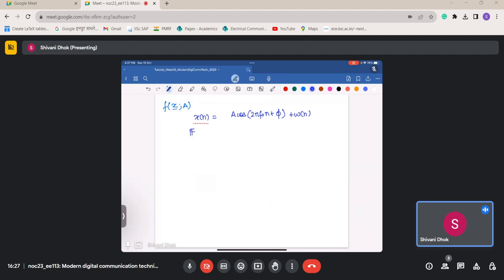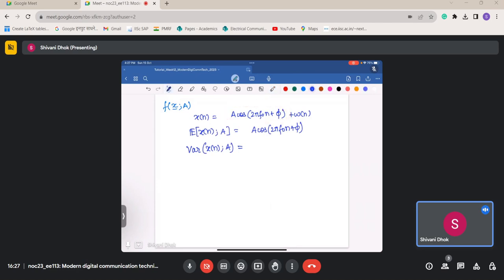So your expectation of xn given A will be equal to A cos(2 pi f naught n plus phi), because this is a constant now, plus the expectation of Wn, and Wn is anyway zero mean. Similarly, the variance of xn given A: the variance of a constant term is 0, so we can just ignore it.